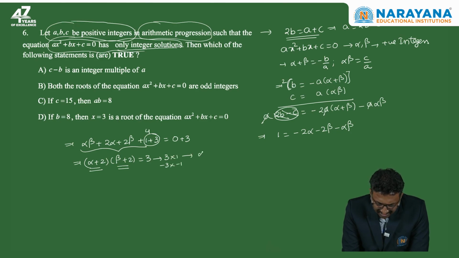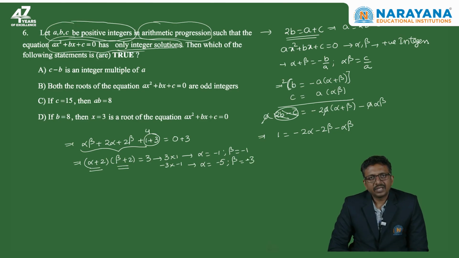So in the first case, alpha is equal to minus 1, beta is equal to minus 1. So both alpha and beta are minus 1, minus 1. In the second case, alpha is equal to minus 5 and beta is equal to minus 3. So the roots can be both minus 1, or minus 3 and minus 5.